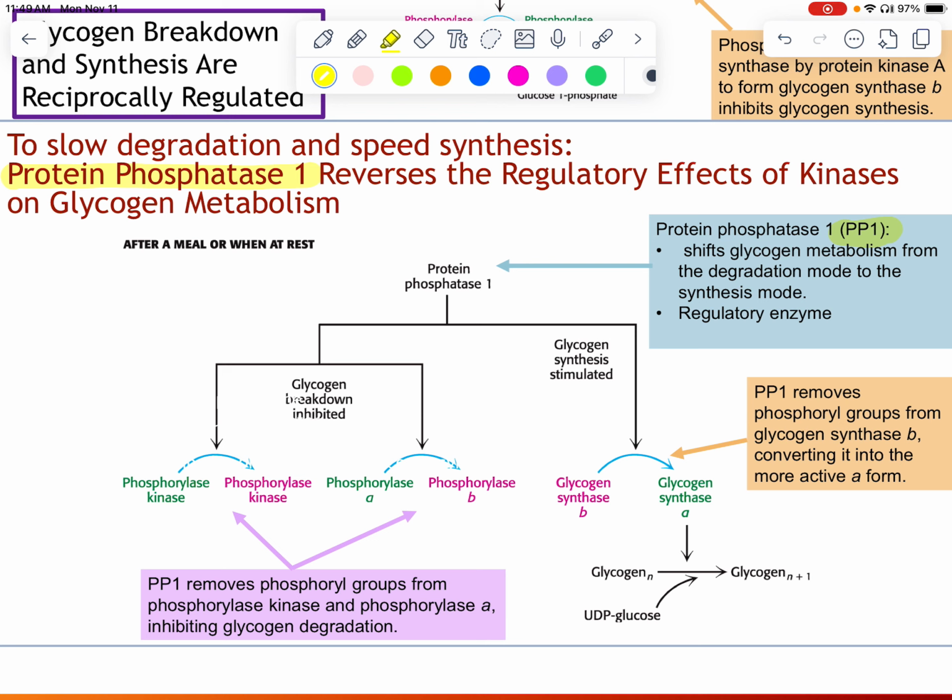All right, so let's see, we want to look at the effect of the protein phosphatase 1, over here, as it pulls phosphates off of the phosphorylase kinase and the phosphorylase A, it deactivates them and slows glycogen degradation.